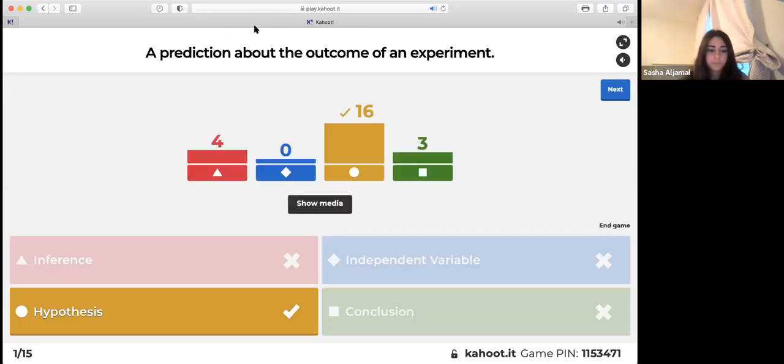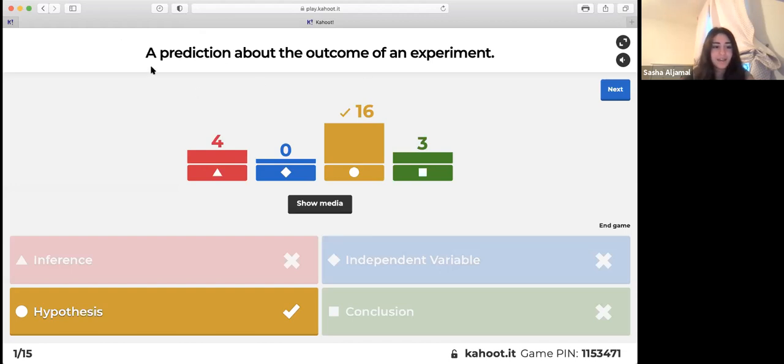So yes, hypothesis. That's basically what a hypothesis is. It's what you think is going to happen before you start the experiment. So basically, it's a prediction about the outcome. I guess inference would be right, but it was trying to be more specific. And conclusion is usually at the end. These are kind of words for the same thing.